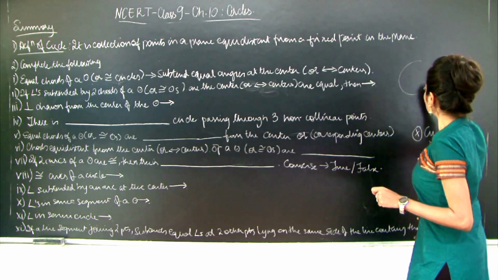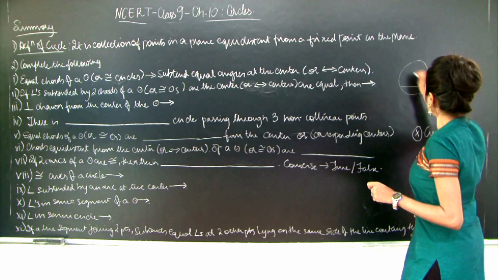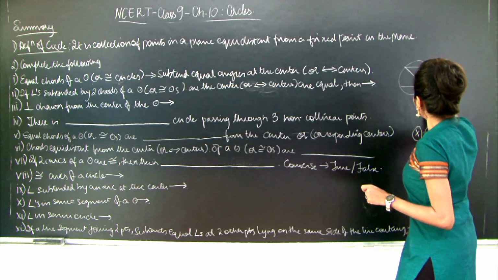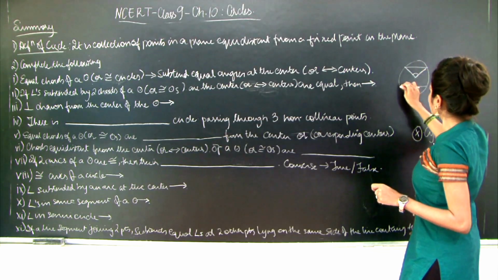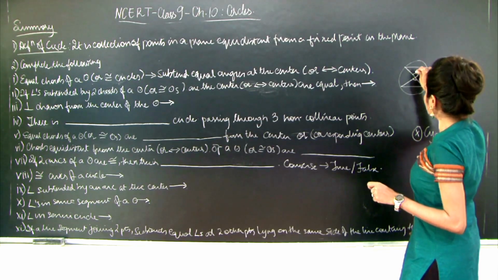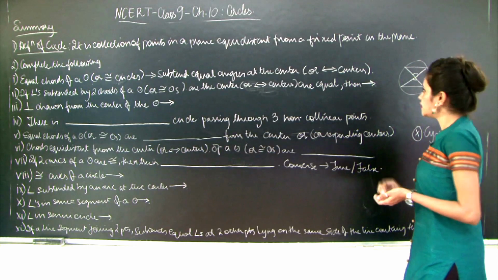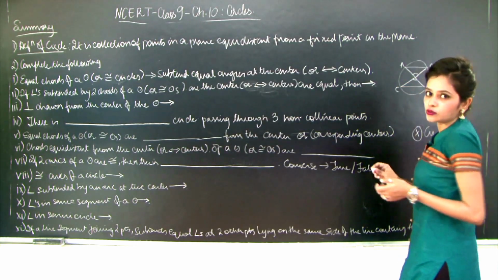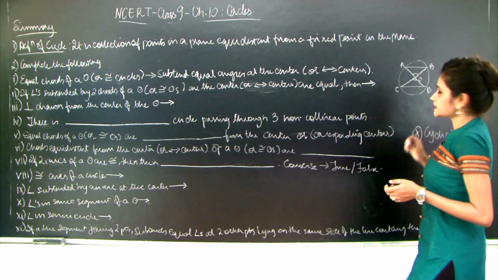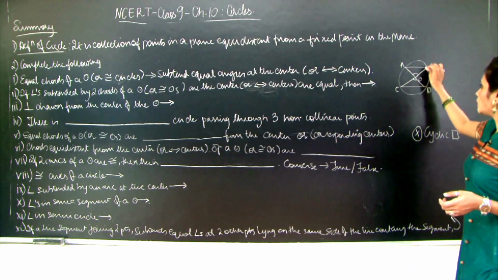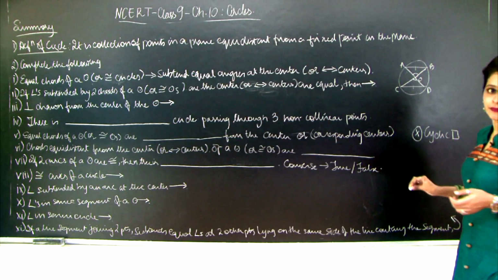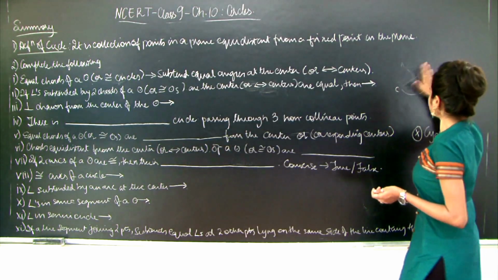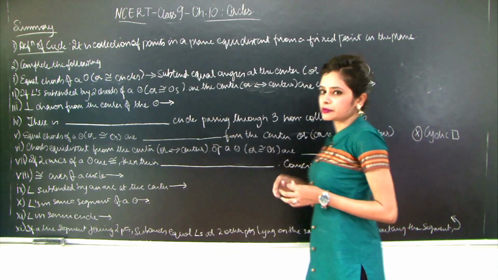So if you have a circle like this, you have two chords that are equal to each other, and this is the center. Then if this chord makes this angle, and this chord makes this angle, then this angle is equal to this angle, right? So if I have AB and CD as my chords that are equal to each other, and O is the center of my circle, then angle AOB is equal to angle COD, because AB is equal to CD, they are the equal chords. So this is what the statement means.